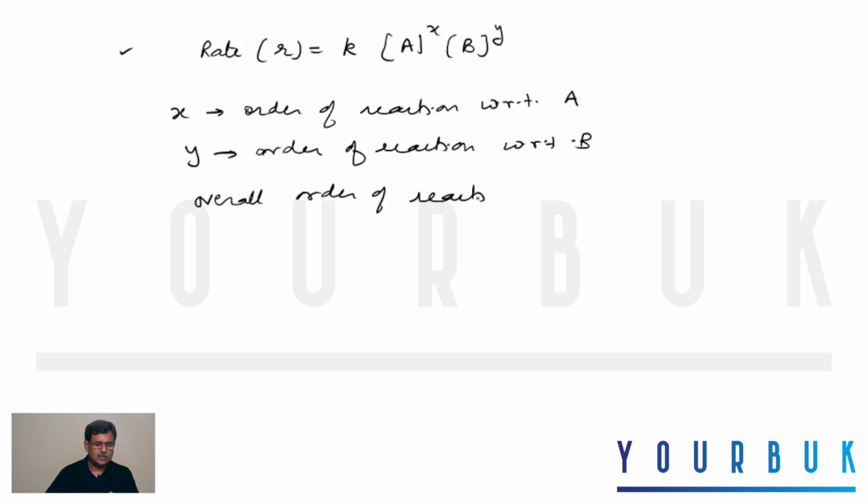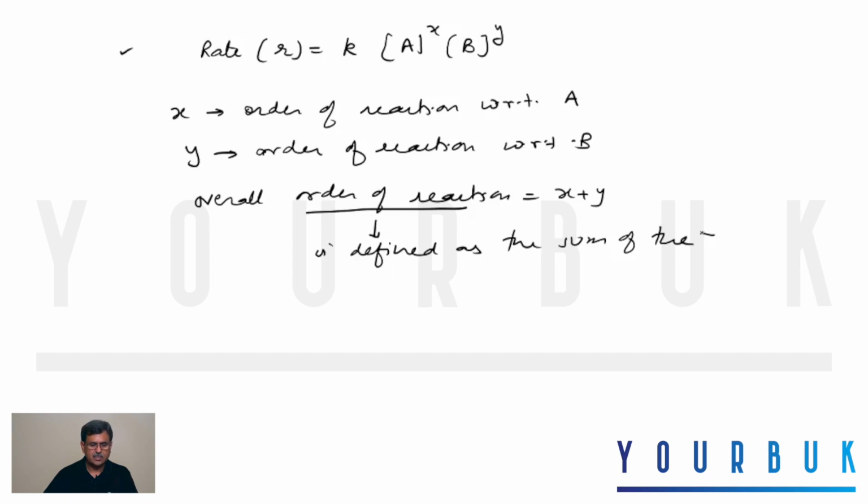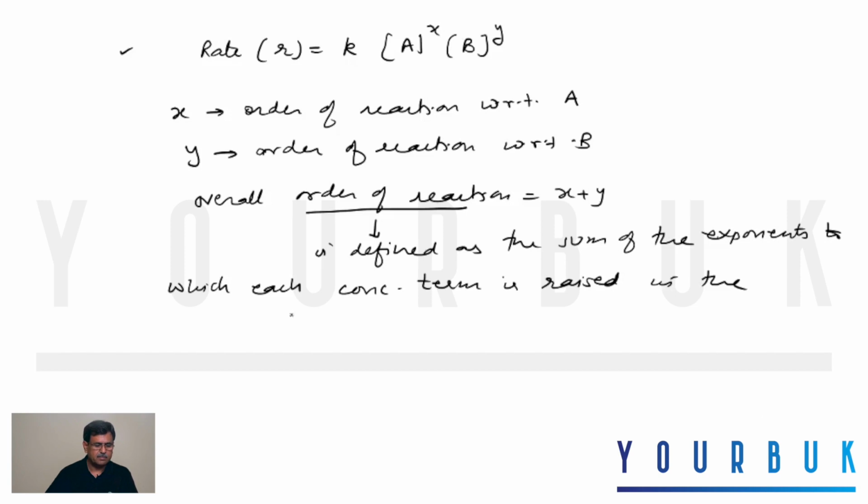This order of reaction is defined as the sum of the exponents to which each concentration term is raised in the experimental rate expression.